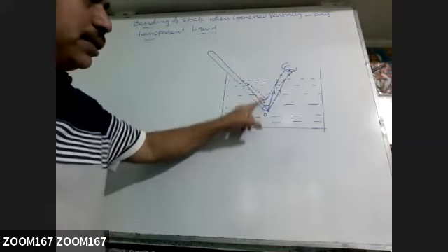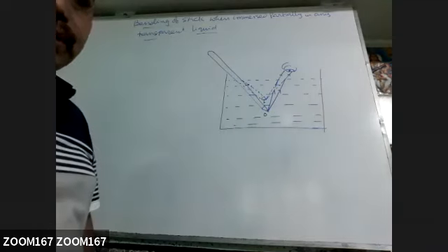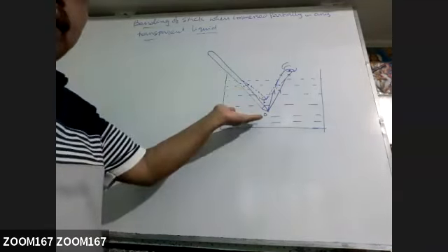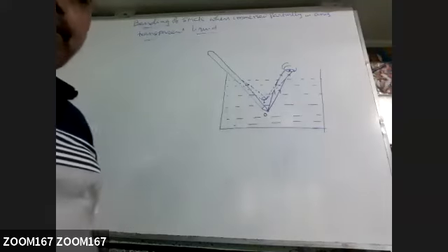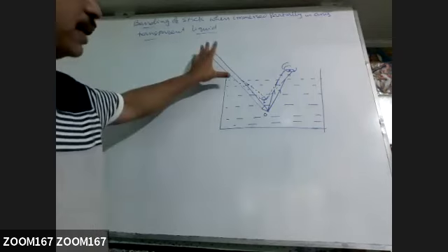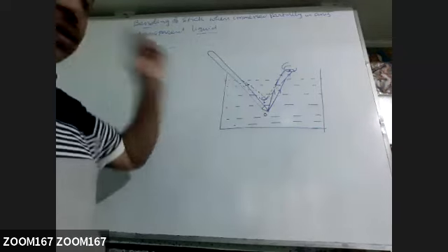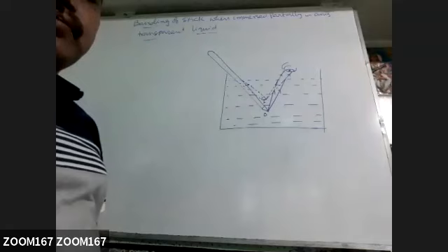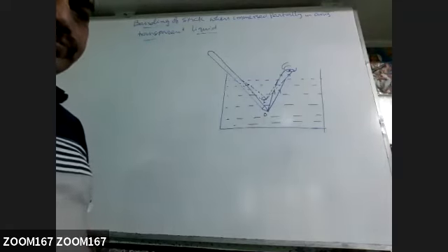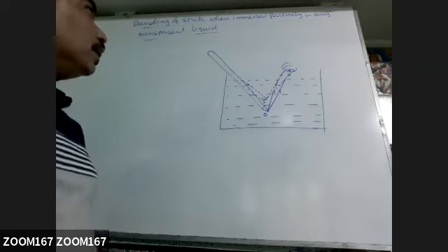So at this place, the image will be observed. So the immersed part will appear a little above its original position, whereas the upper part is as it is, so the pencil appears bent. Okay.